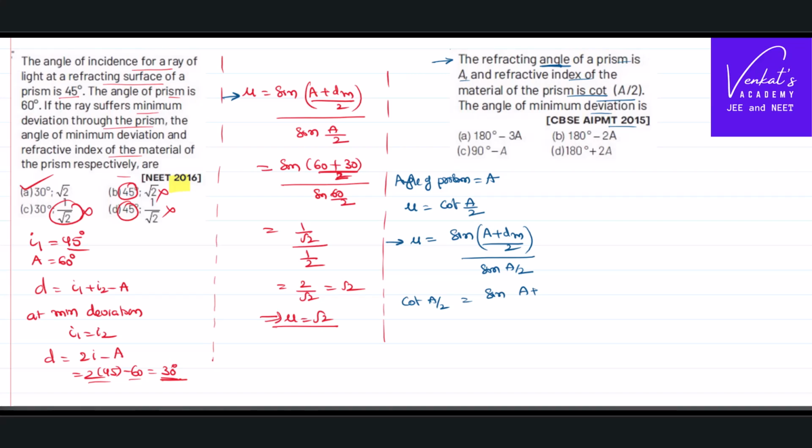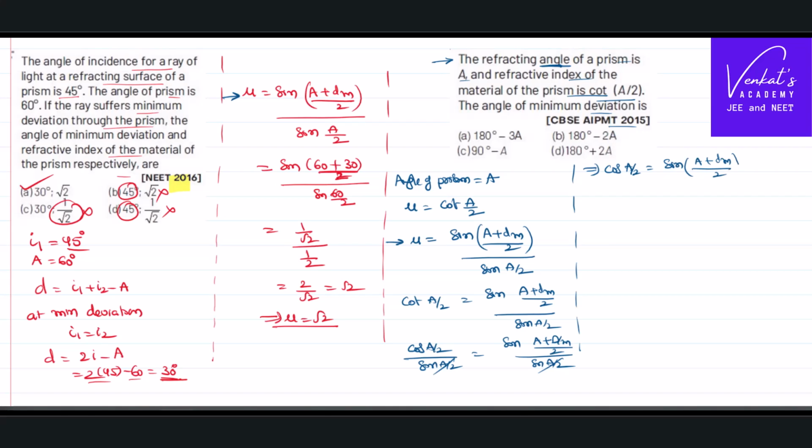Cot A by 2 can be written as cos A by 2 by sin A by 2, equal to sin of (A plus d minimum) by 2, by sin A by 2. This sin A by 2 and this sin A by 2 can be cancelled. So what is remaining is cos A by 2 equal to sin of (A plus d minimum) by 2.